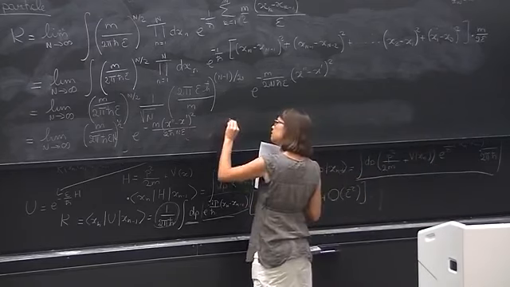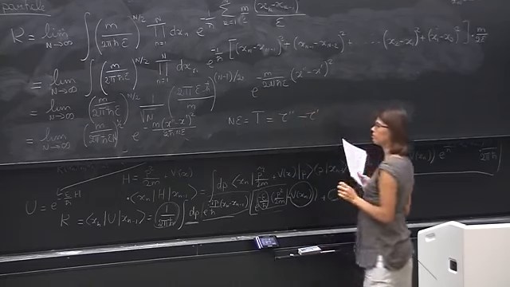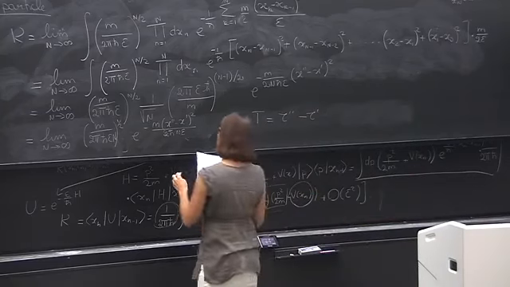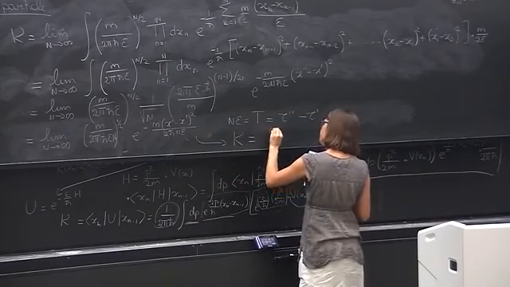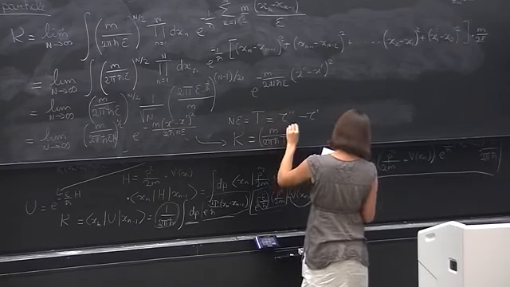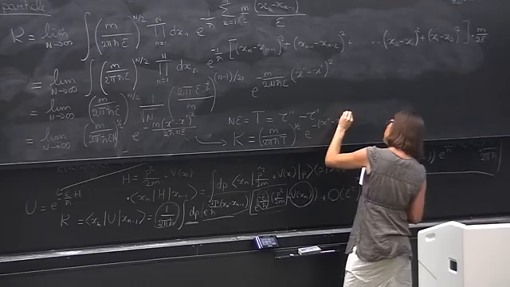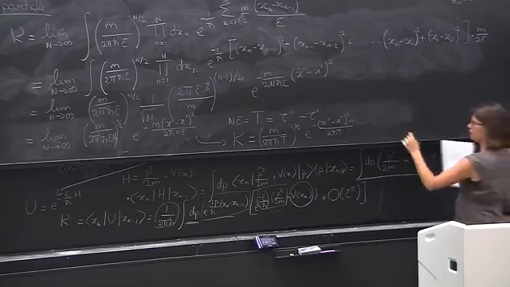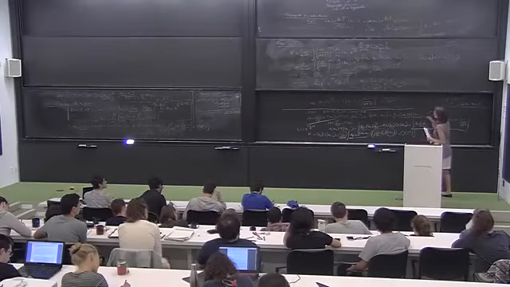So n epsilon is just what I'm going to call big T. So in this free case, K is indeed equal to the expected result.